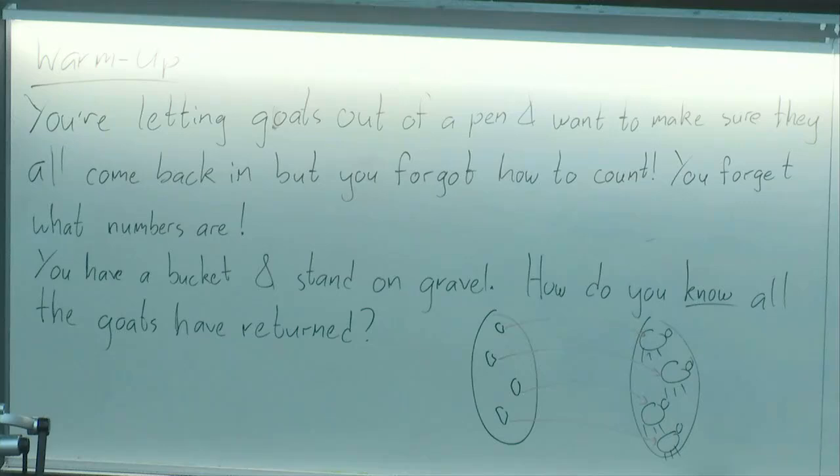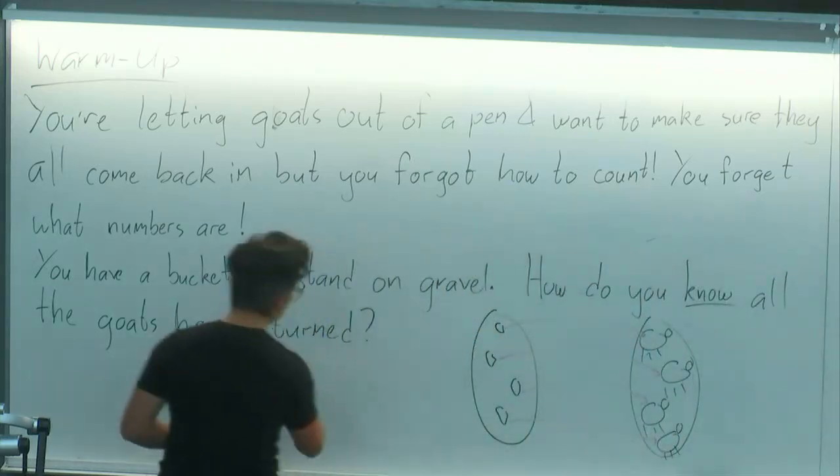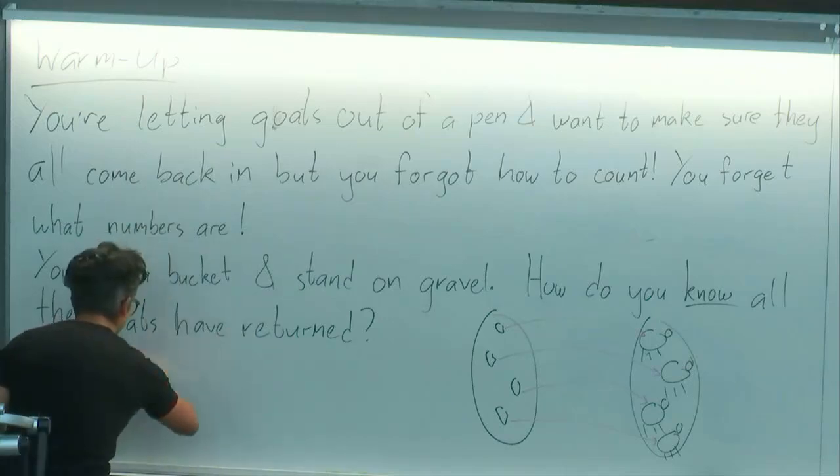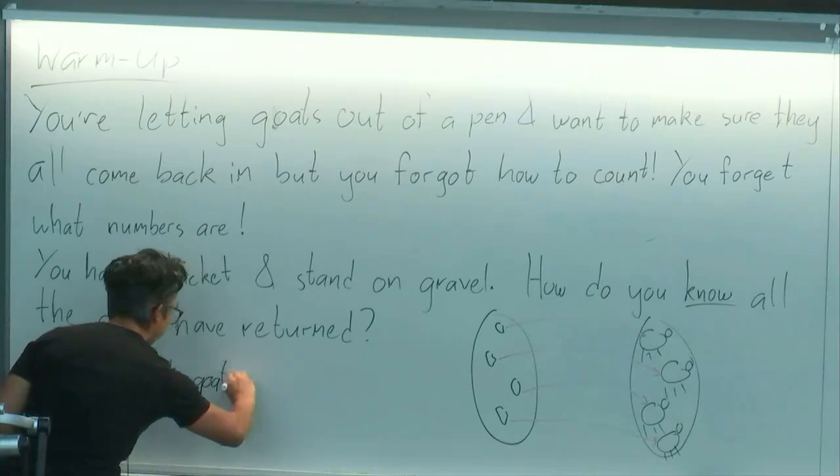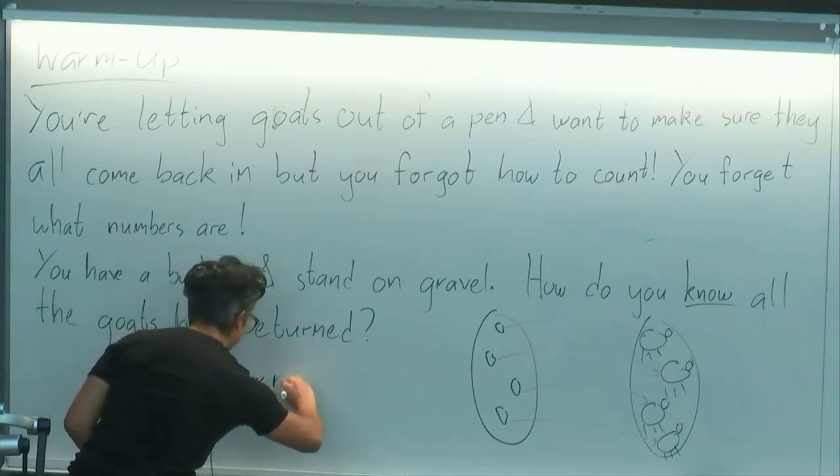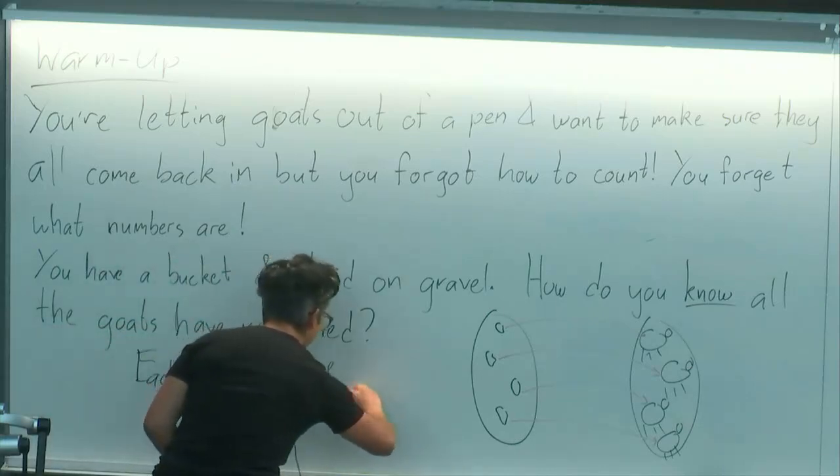So even if you don't know what numbers are, you do have a tie from the amount of gravel, rocks you have in your bucket to the amount of goats there are. So you can always use that correspondence to tell if you had each goat. So really, what you want is, yeah, we can see that up there. Each goat has a rock, and only one rock.